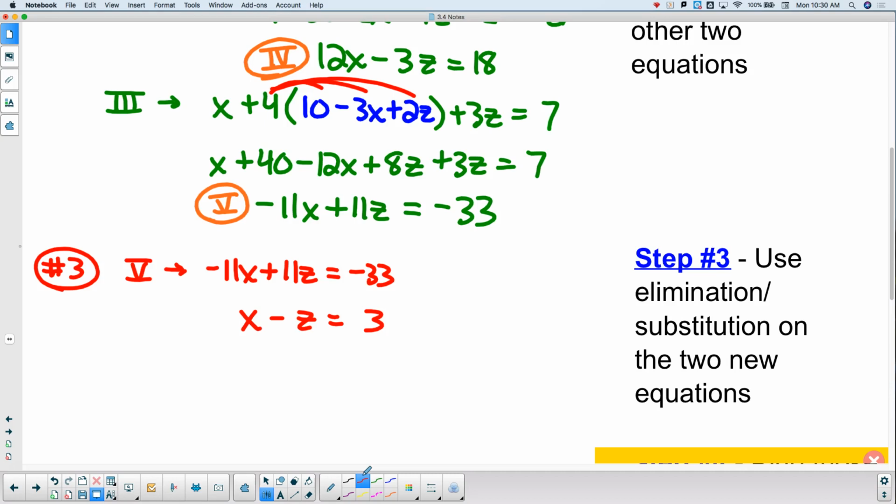So my new equation then would be negative 3x plus 3z equals negative 9. 12x minus 3z equals 18.